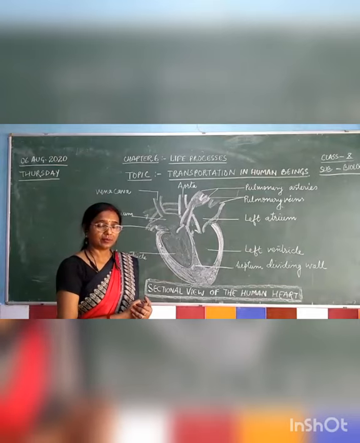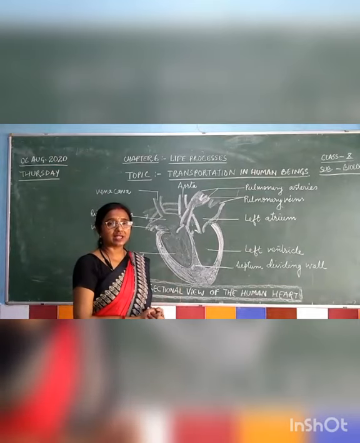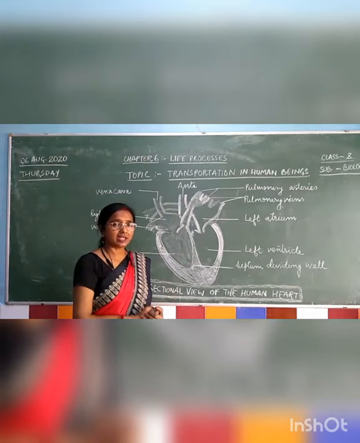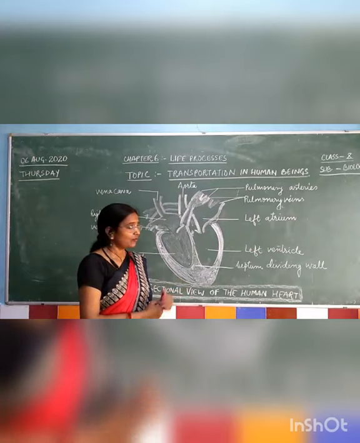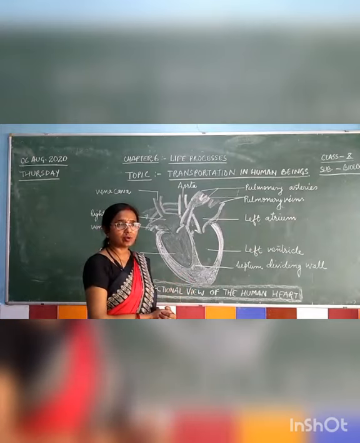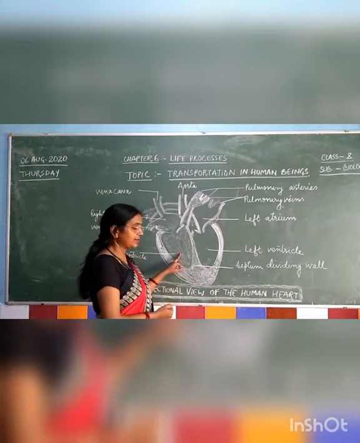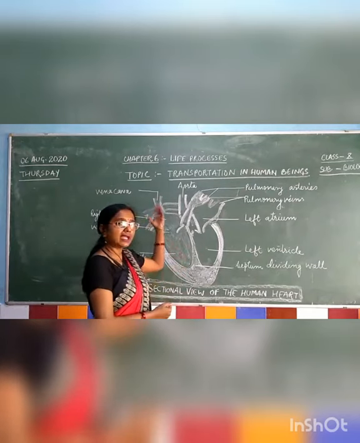Similarly, the blood which carries the deoxygenated blood, that means the carbon dioxide which should be exhaled, will be carried from the different body parts, and with the help of this human heart will be exhaled.